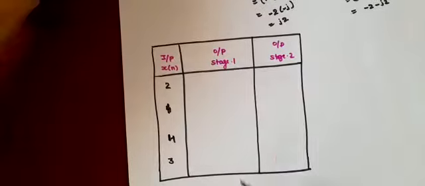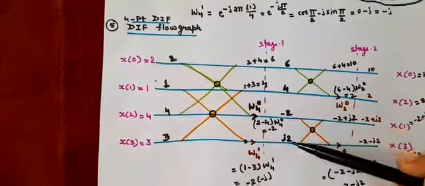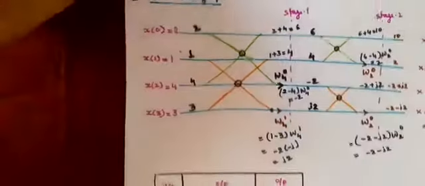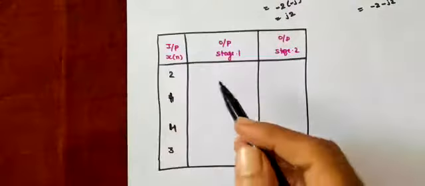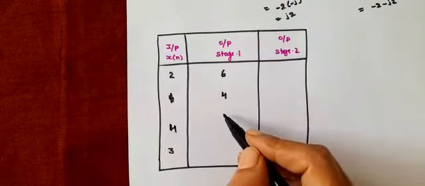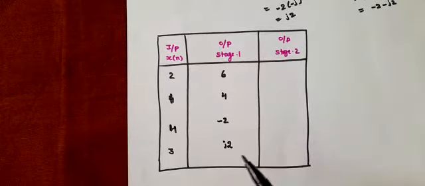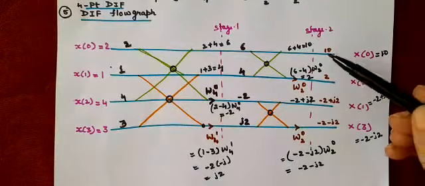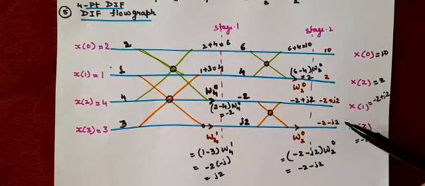What is the output of stage 1 here? The output of stage 1 is 6, 4, minus 2, j2. That you can write here. What is the output of the second stage? 10, 2, minus 2 plus j2, minus 2 minus j2.